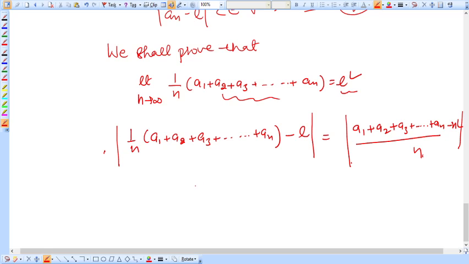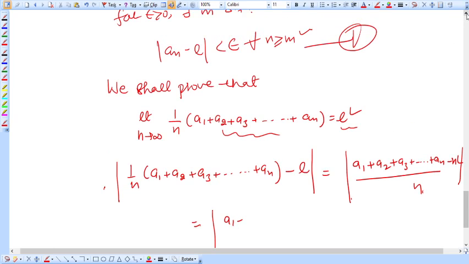So now further you can write it as a1 minus... One second, wait for us a while.